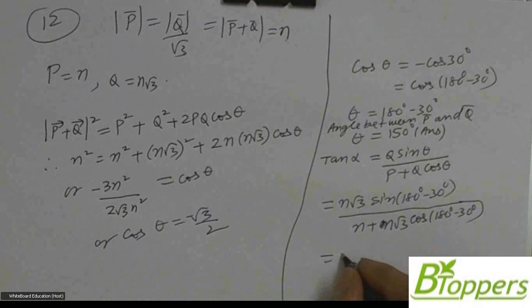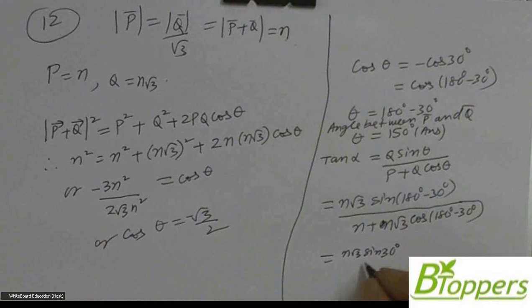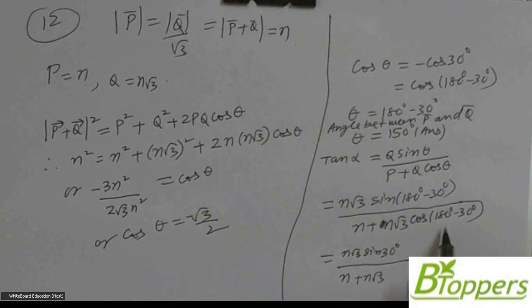So sin 180 degrees minus 30 degrees will be same as sin 30 degrees by n plus n root 3 cos 180 degrees minus theta, which is minus cos theta. So cos 180 degrees minus 30 degrees, you can write minus cos 30 degrees. Then you can substitute here the values of sin 30 degrees and cos 30 degrees.